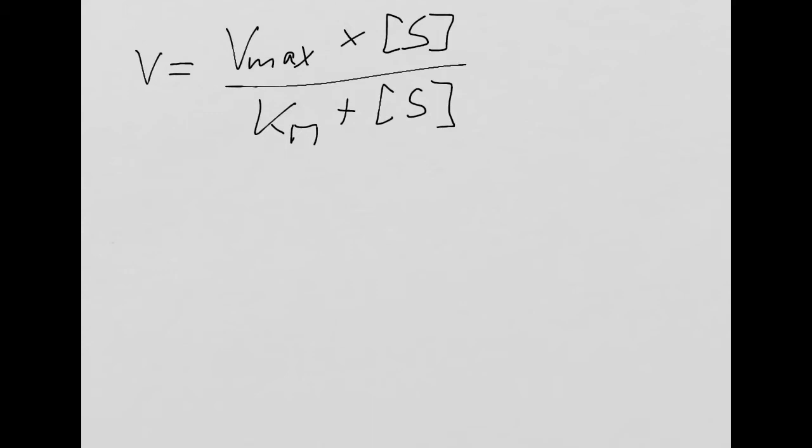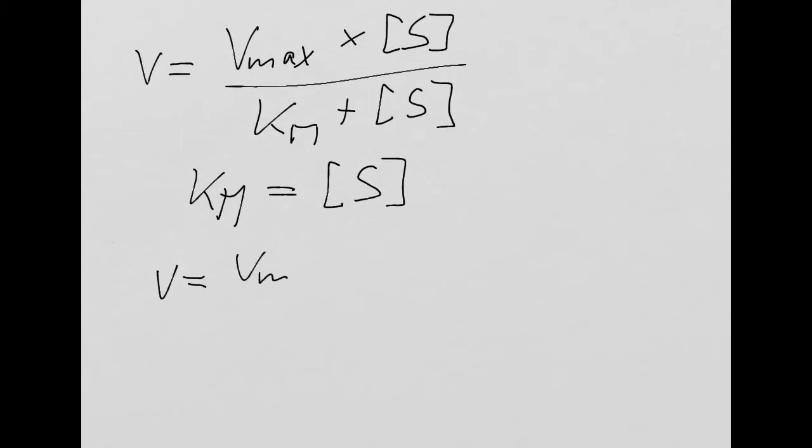Now, let's say Km is equal to S. What would happen? Now I can write V equals Vmax times S. And instead of Km, I can say S.